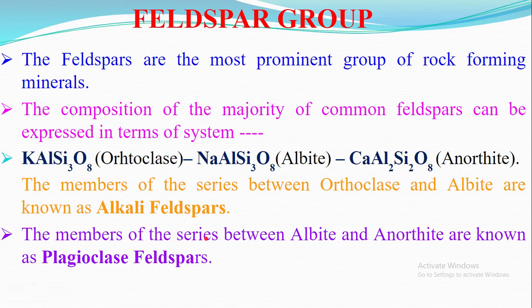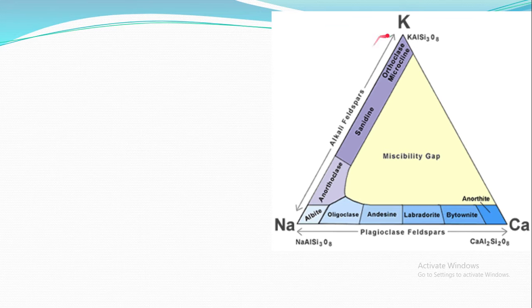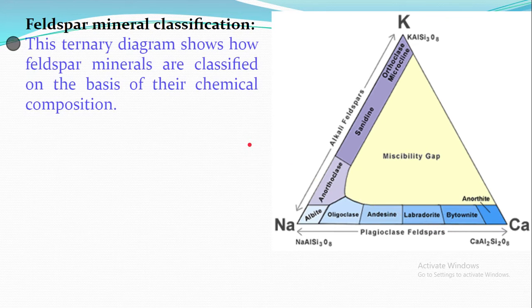Alkali feldspar are between the series of potassium aluminum and sodium aluminum silicate. This side of the triangle is called alkali feldspar, and these minerals are called plagioclase feldspar. The composition of the feldspar can be shown by a triangular diagram based on their chemical composition.